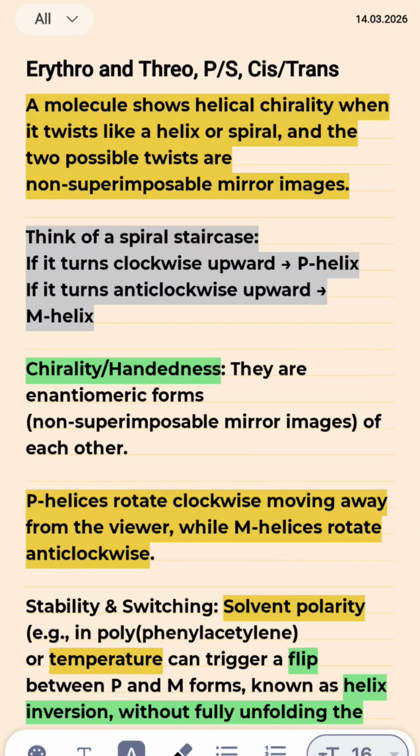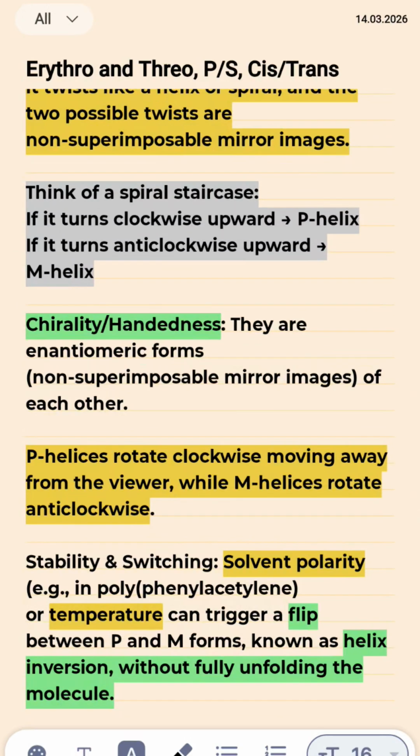If it turns clockwise upwards, then it is an example of a P helix, and if it turns anti-clockwise upwards, then it is an example of an M helix. So a clockwise turn is P helix, an anti-clockwise turn is M helix.